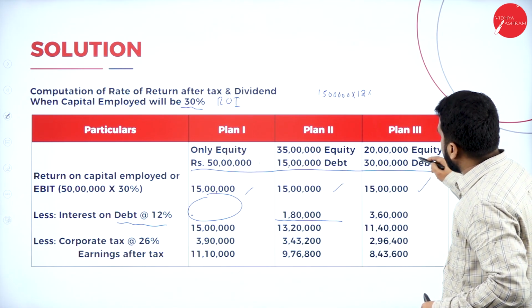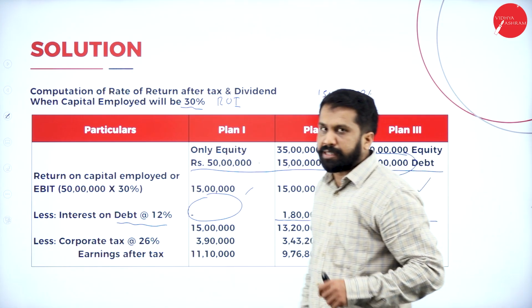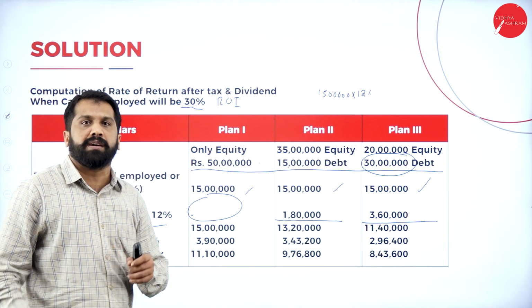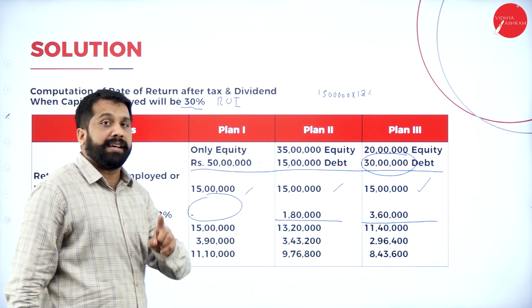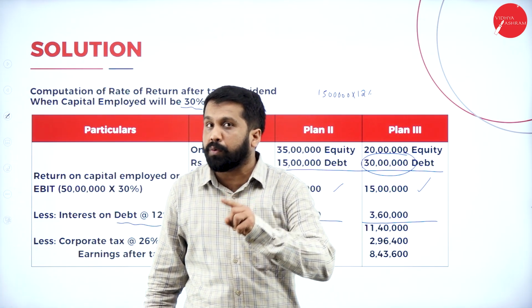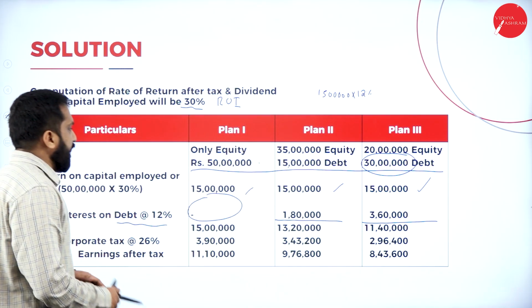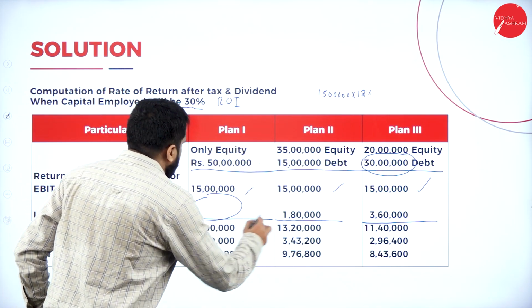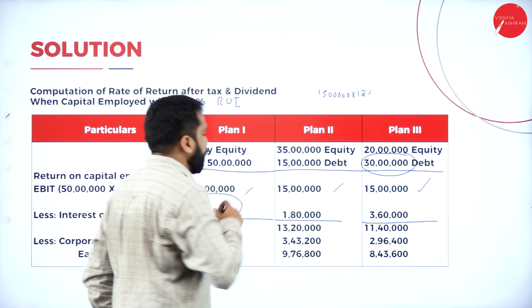And similarly, in this you have 30 lakh debenture. 30 lakh into 12%. In this, what are you supposed to remember? There is a 12% interest given in the question paper, and interest has to be calculated only on debenture. Now, we have deducted: 15 lakh, 13 lakh 20, 11 lakh 40.